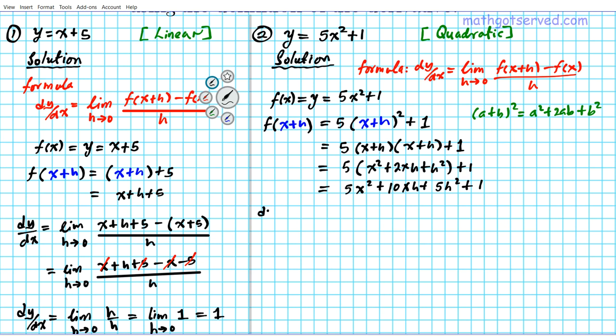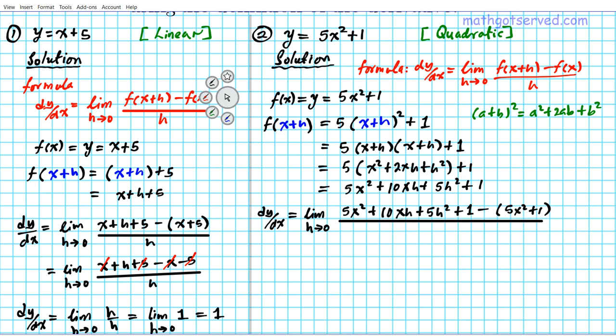We are now going to substitute them into their respective locations in the formula for the limit definition of the derivative. Okay, so the limit as h approaches 0 of f of x plus h, which is 5x squared plus 10xh plus 5h squared plus 1, minus f of x, which is quantity 5x squared plus 1, and then we're going to divide that by h.